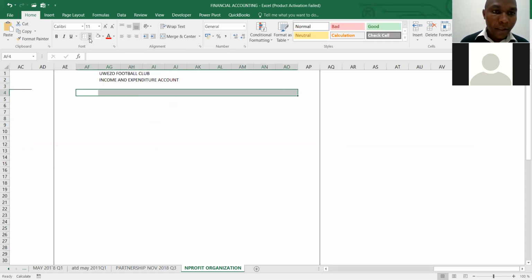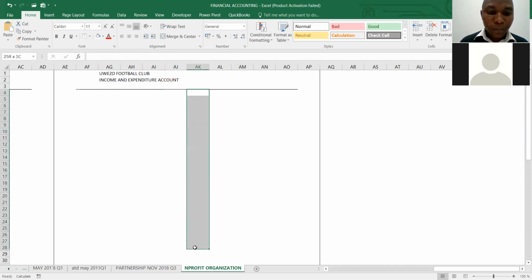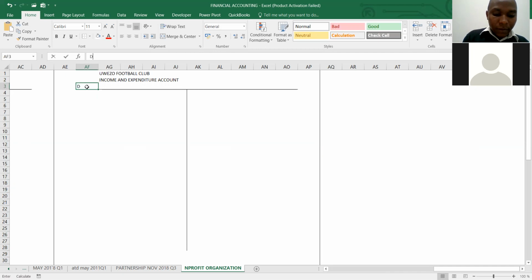So on the debit side I will have expenses. So we say an increase in an expense is a debit balance. Yes, all income should have a credit balance.